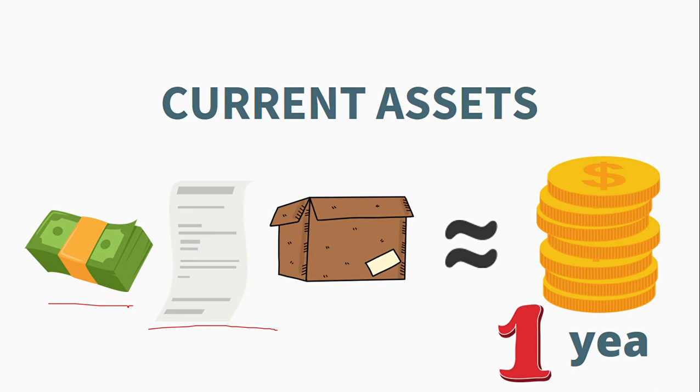Depending on the nature of the business and the products it has in the market, current assets can range from a barrel of crude oil, fabricated goods, or work in progress inventory, to raw materials, or many such things. So this is what basically a current asset is.